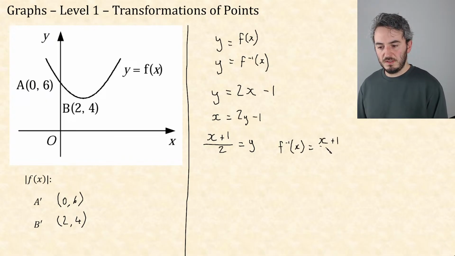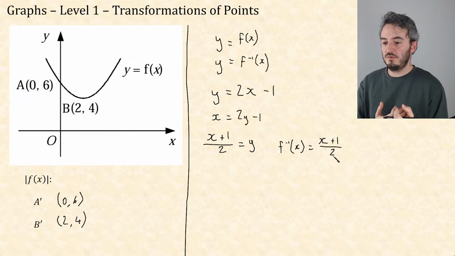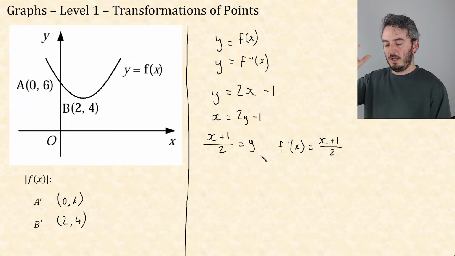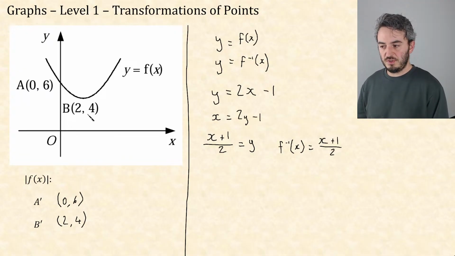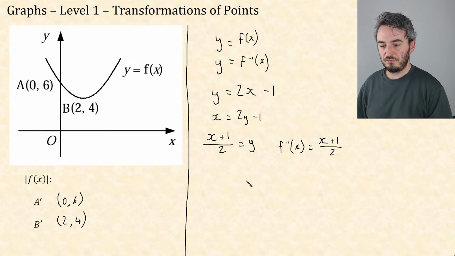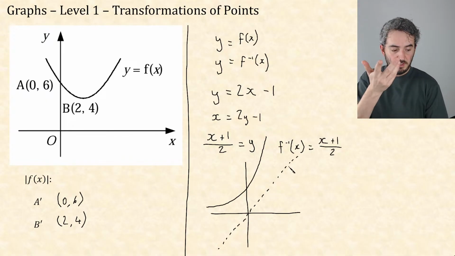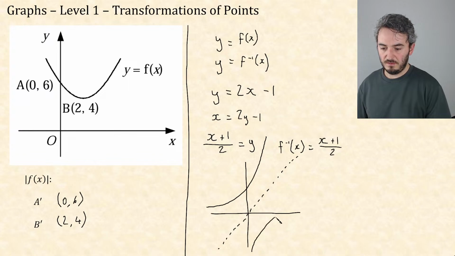And so since the process of finding the inverse is just swapping the x and y values, that's all you do on your graph. Any coordinate is just going to swap round. And the effect of swapping around your coordinates is effectively just flipping the whole axes on their sides. So if your original function looked like something like that, then your inverse is going to be a reflection in this line. That basically flips the axes round and we get something like that.